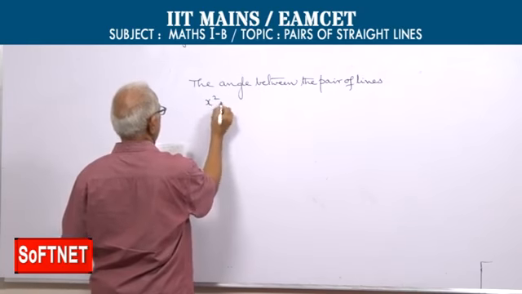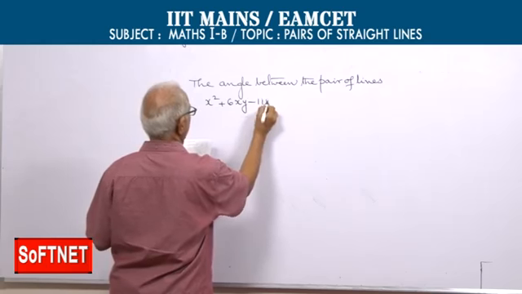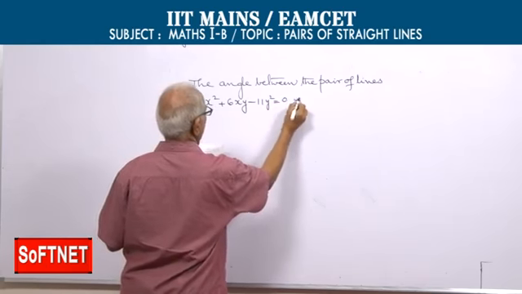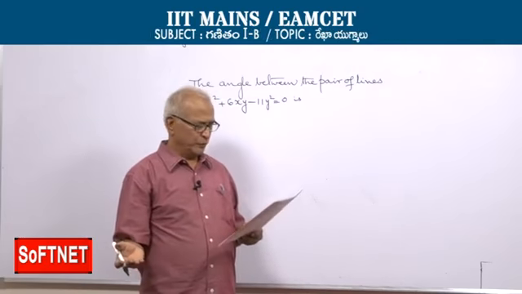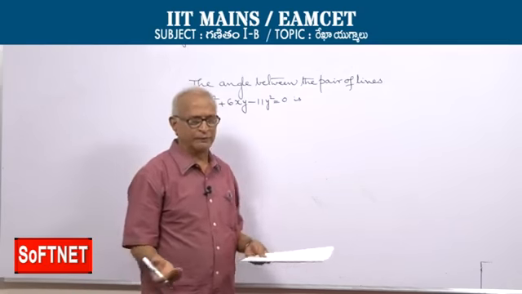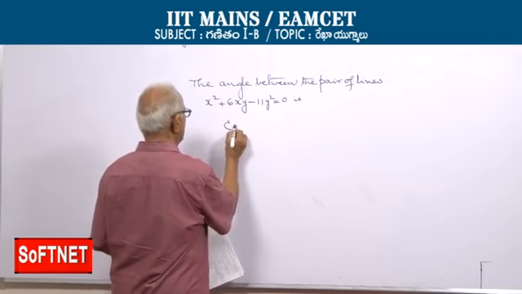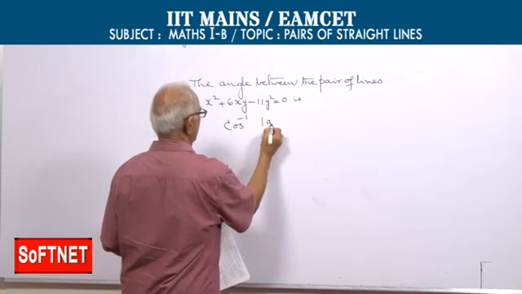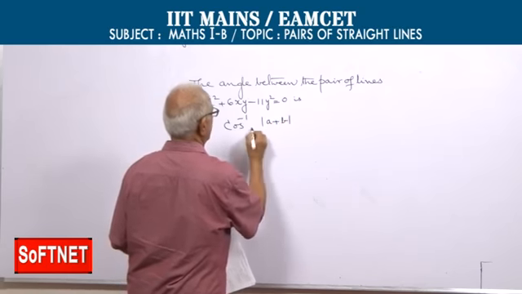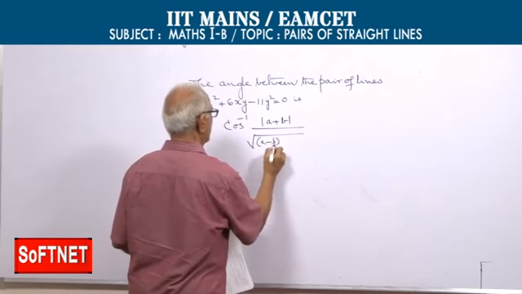x² + 6xy − 11y² = 0. The angle between the lines is, with four options: pi by 4, pi by 6, pi by 3, pi by 8. So it is cos⁻¹. The formula is mod (a + b) by square root of (a − b) whole square plus 4h².